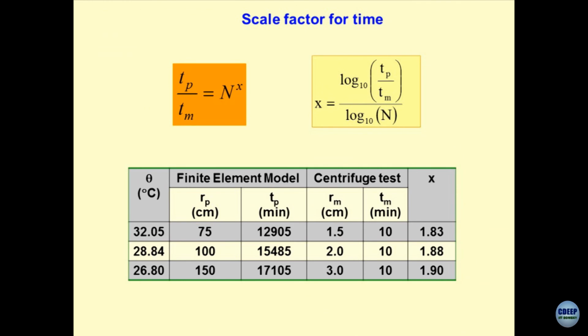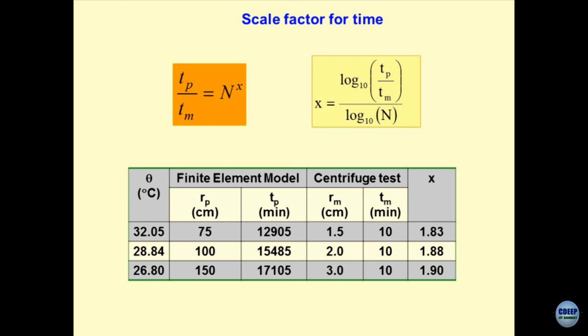P corresponds to the prototype, M corresponds to the model. The time taken by the heat front to move in the prototype and the time taken by the heat front to move in the model get scaled by N, the centrifugation effort, raised to some power X, which is the time factor.